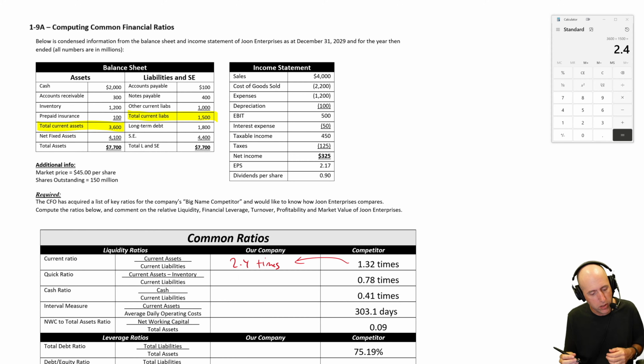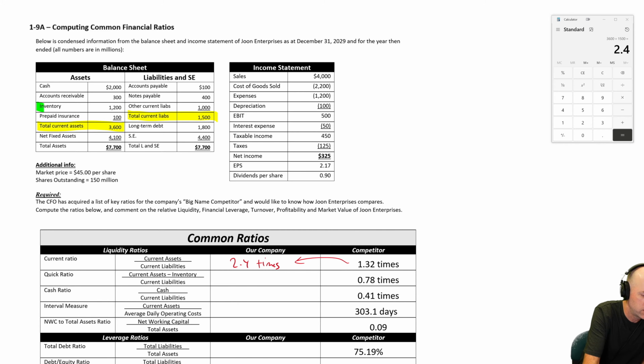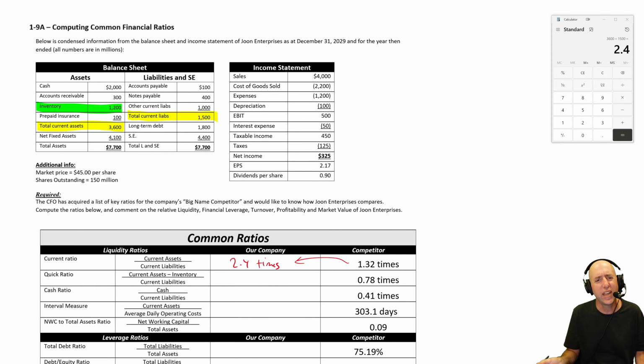Let's do the quick ratio. The quick ratio is just a tougher version of the current ratio. It's also sometimes called the acid test ratio. It says, listen, do the current ratio, but take inventory out of your current assets, because a lot of times when companies are in distress, they have a hard time selling their inventory. So it doesn't really count as an asset when you are in real distress.